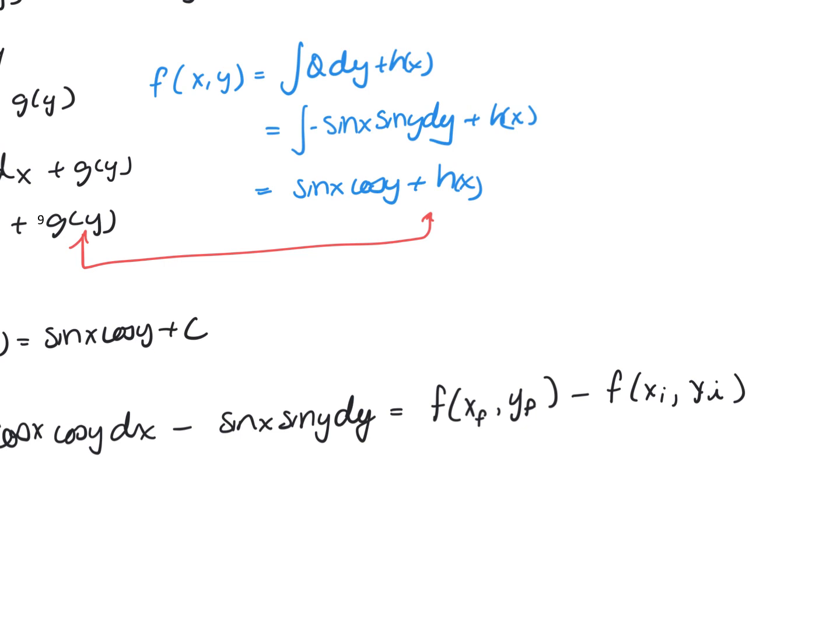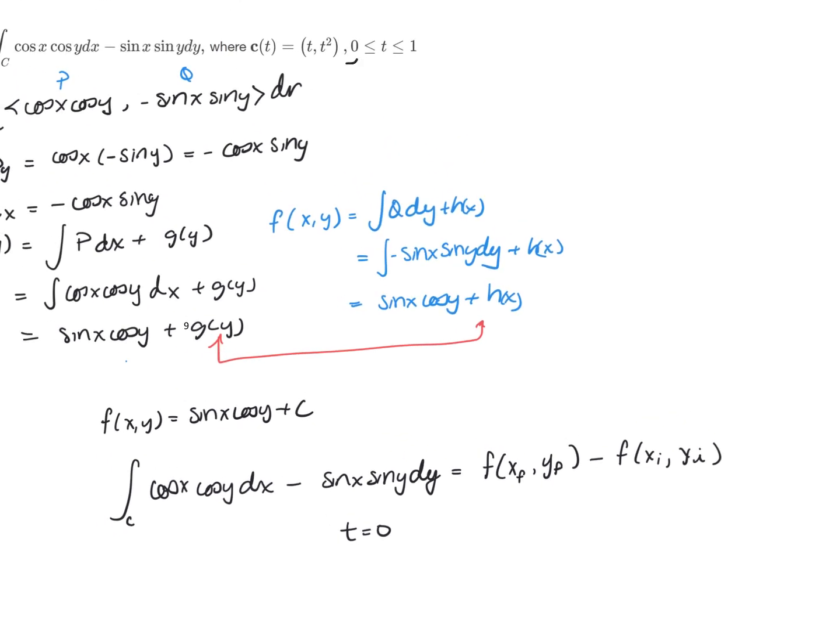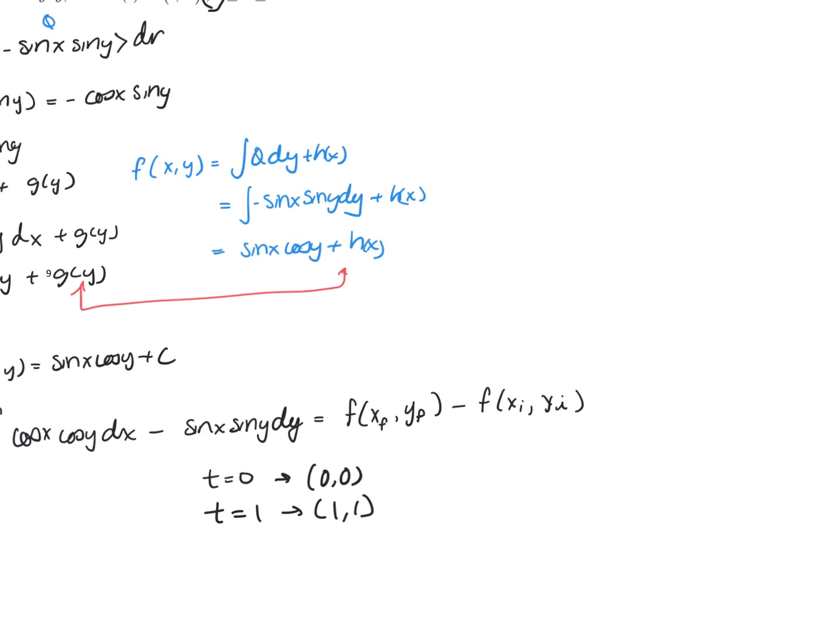And you're thinking, how am I going to find that? Well, at t equals 0, I have the ordered pair 0, 0. When t is equal to 1, I have the ordered pair 1, 1. So my initials are 0, 0, and I'm going to put 1, 1 as my finals into my potential function.